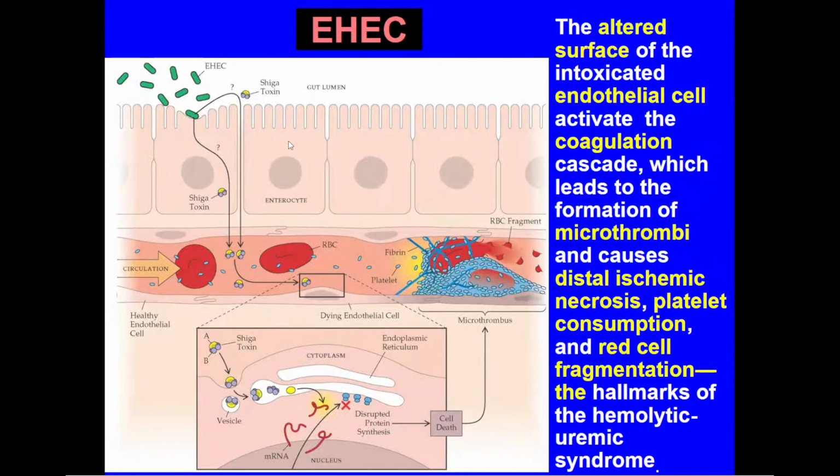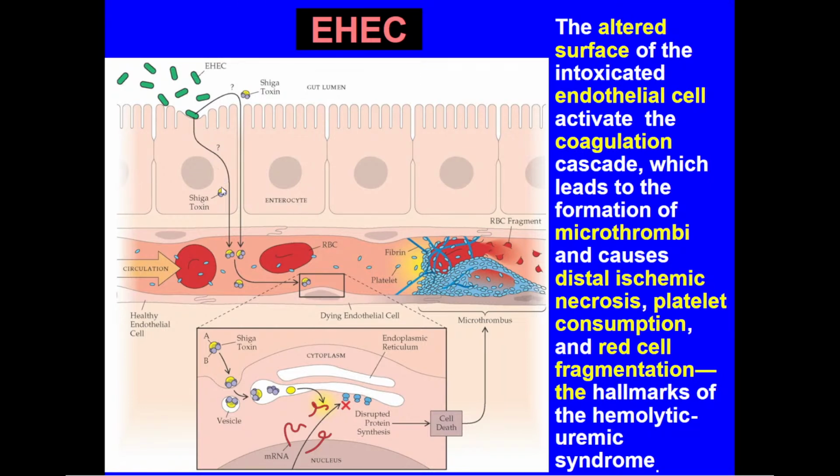So then, what is the pathogenesis of enterohemorrhagic Escherichia coli? When they bind with the surface of the enterocytes, they alter the surface of the enterocytes, and they activate the coagulation cascade.